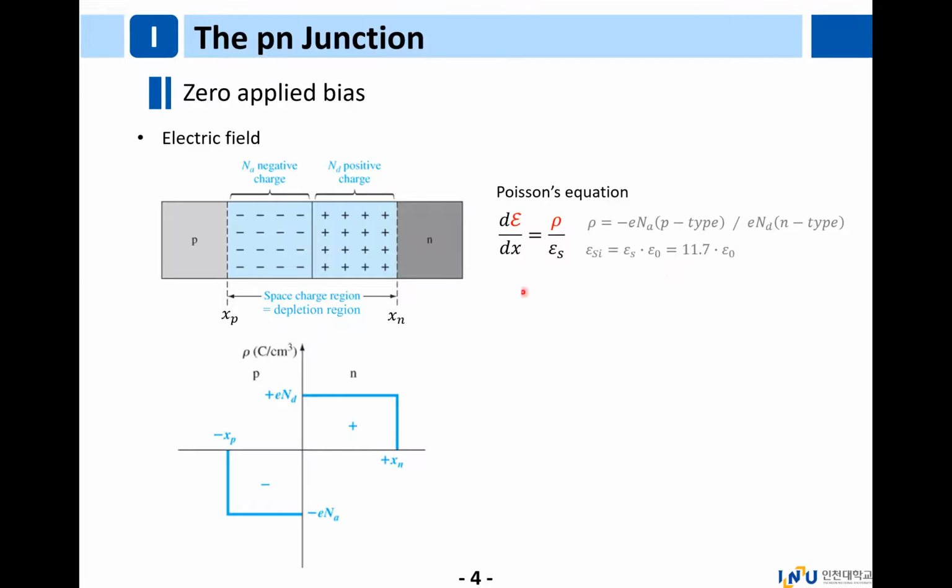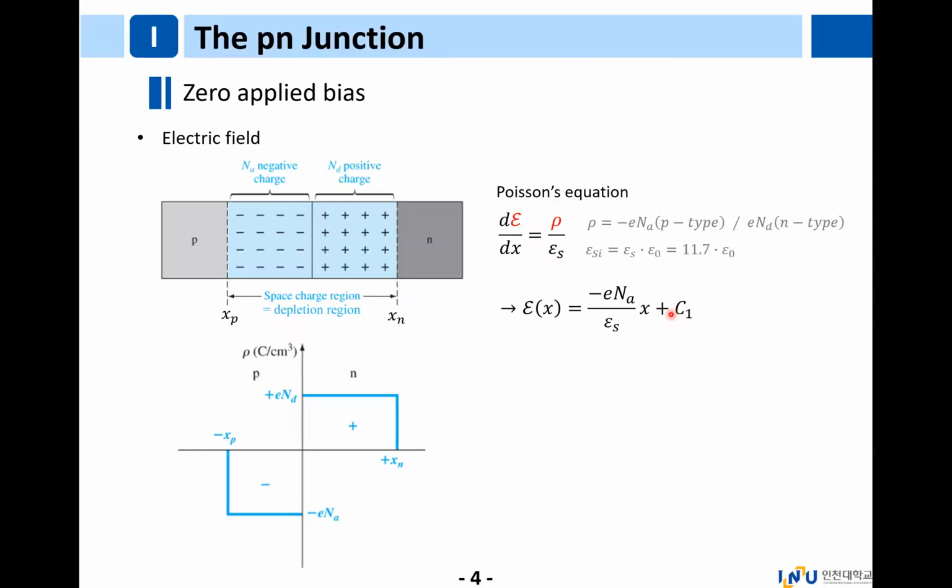The Poisson equation is a simple first order differential equation, and because rho and epsilon are not functions of position, we can easily find the electric field. When solving the differential equation, an integration constant appears here. It needs to be eliminated using boundary conditions.